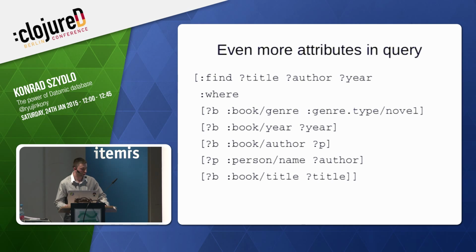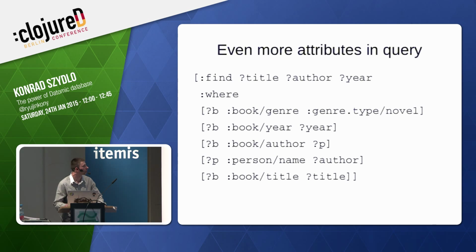Okay. Of course, in our applications, we would have more entities, and we would like to ask more questions. So here, we want to find out the title, author, and also year for a book, and we provide arguments and logical variables that are bound.